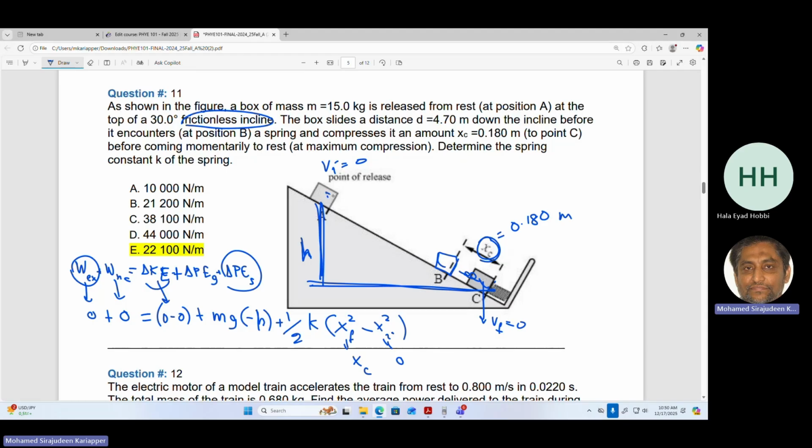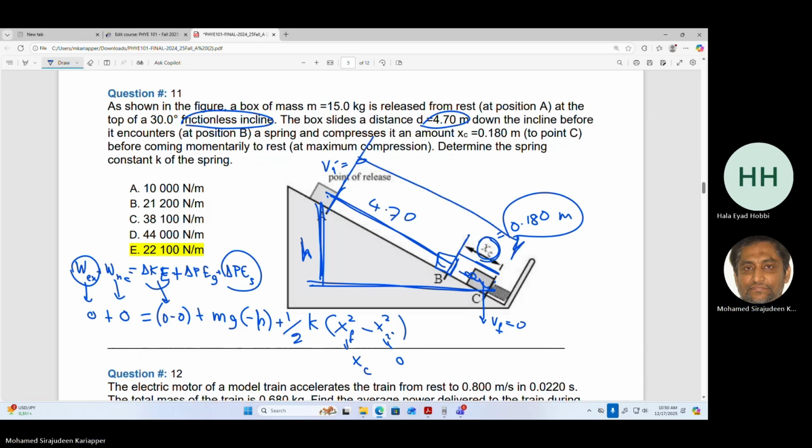Because from here to here, it is how much? 4.7. But from here to here, there is another 0.18. So the h will be this distance, which is 4.7 plus 0.18, multiplied by sine of this angle.